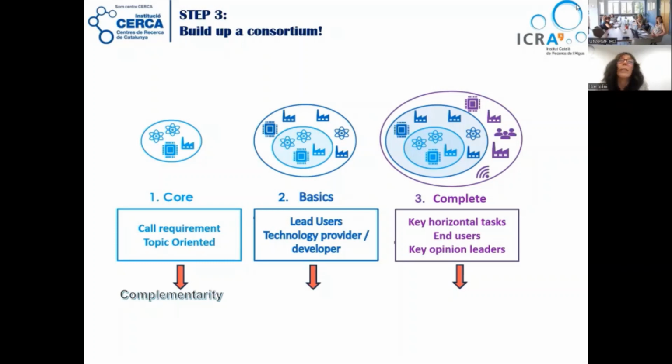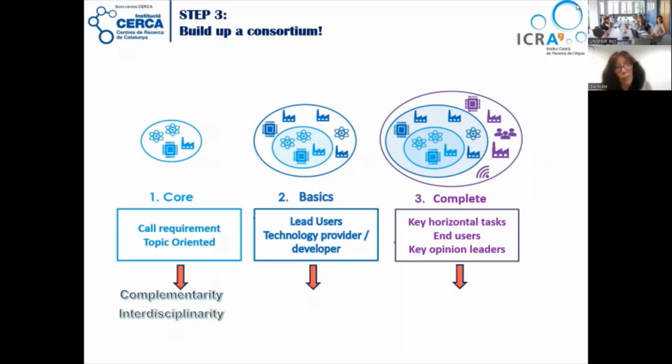Do not repeat, just try to have one partner for each task, because sometimes, you know, it's not clear what a partner does, the role of the partner. So you have to be clear about the role of the partner and not duplicate partners without any reason.